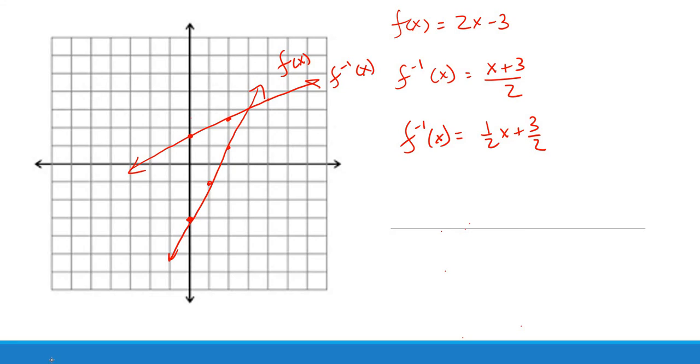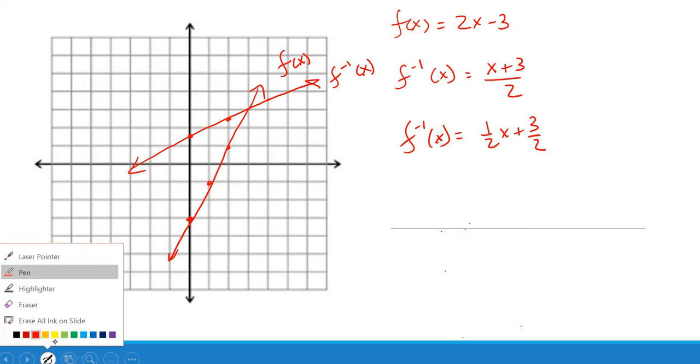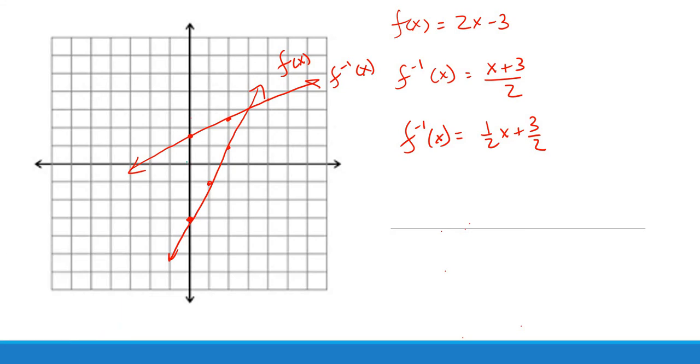Now, one way to tell that we have gotten an inverse function is if we draw the line y equals x, and if they are a reflection of each other over the line where y equals x. In other words, every x value here, this is the ordered pair 1, 2.